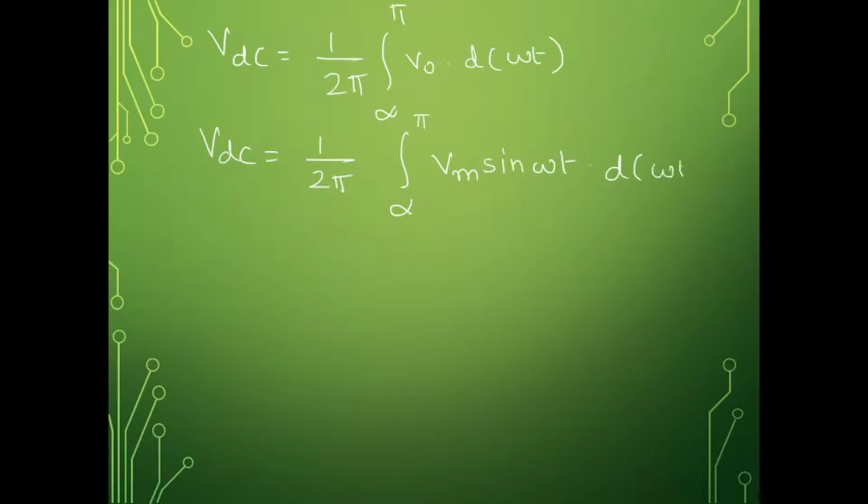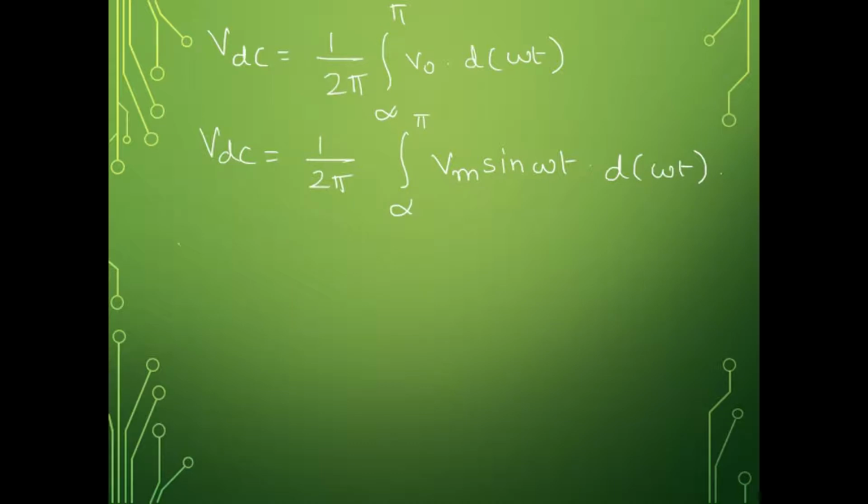Instead of dt, since our limits are now in angle, we write d omega t. Initially it is 1 by T with respect to t, now it is angle we are considering, so d of omega t. So VDC equal to 1 by 2 pi integral alpha to pi, V0 is Vm sine omega t d omega t.